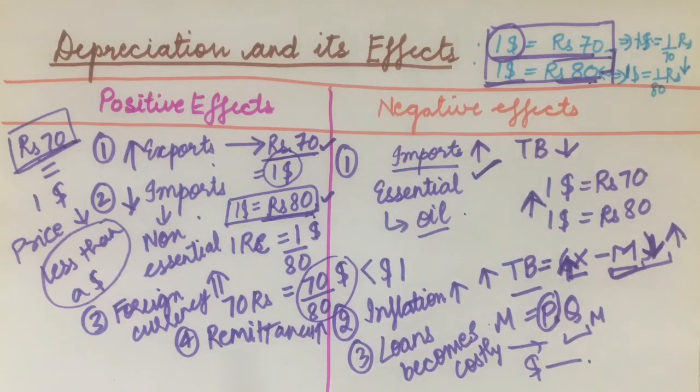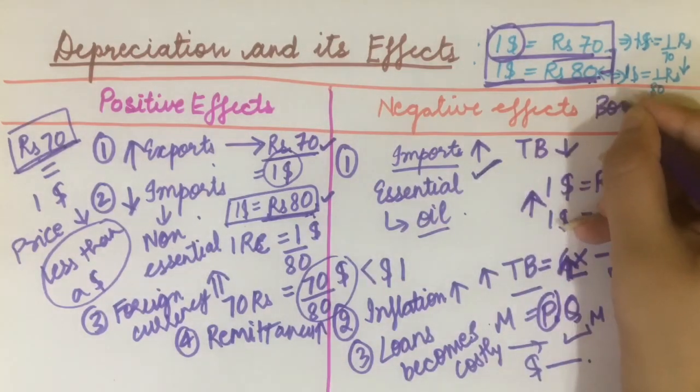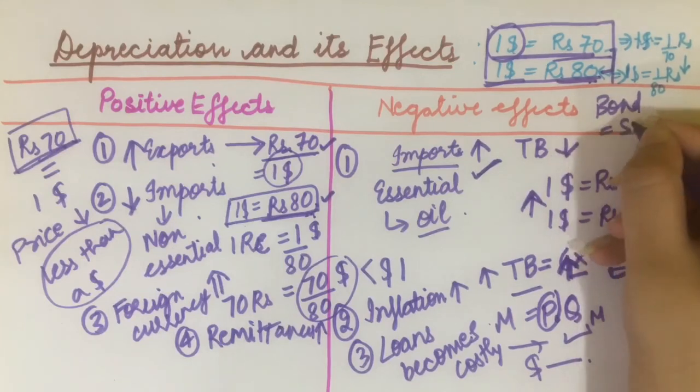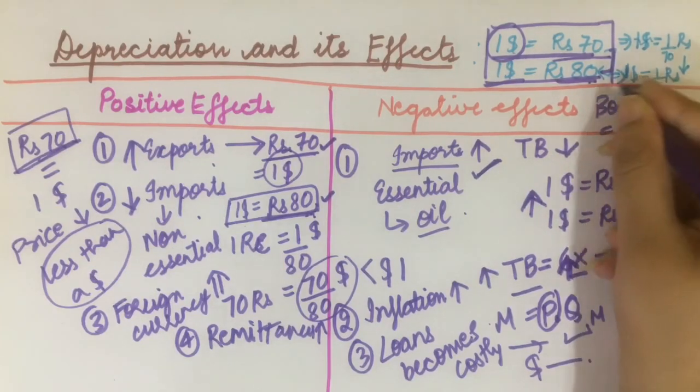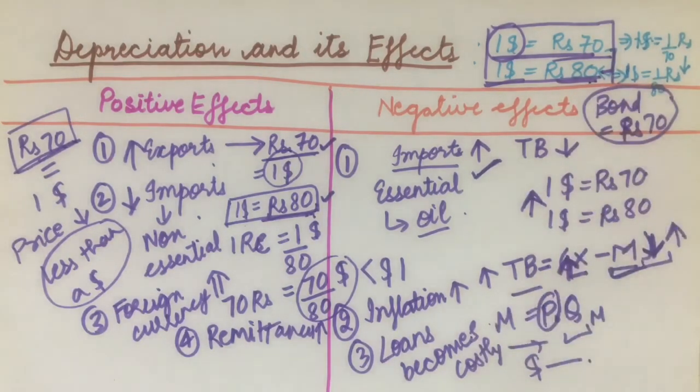So suppose earlier there was a bond of 70 rupees in India, right? A foreigner came in, he gave $1 and he got the bond for 70 rupees. But now the same foreigner comes in and gets the bond for less than $1.